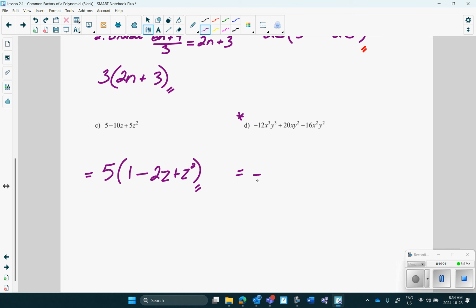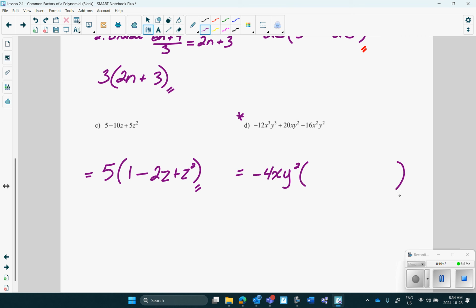So just keep in mind, we're going to be doing negative. And then what's the GCF? 4. What's the maximum number of x's I can take out? Just 1. So x y squared.